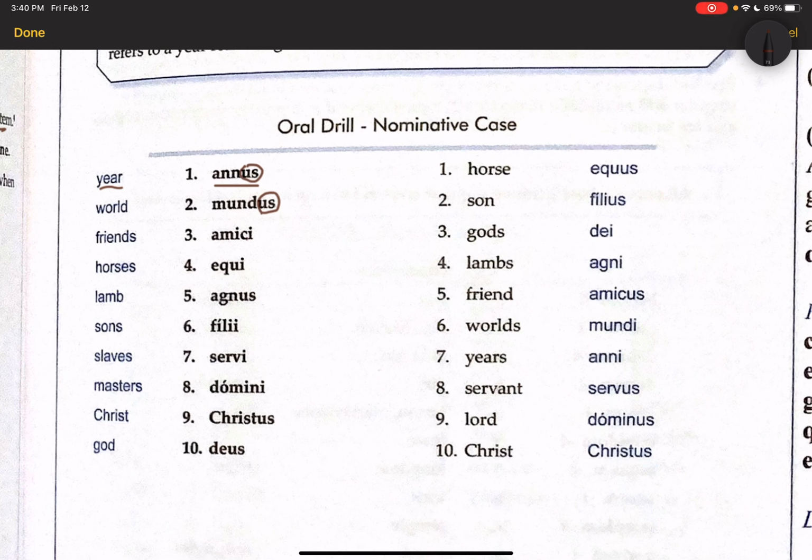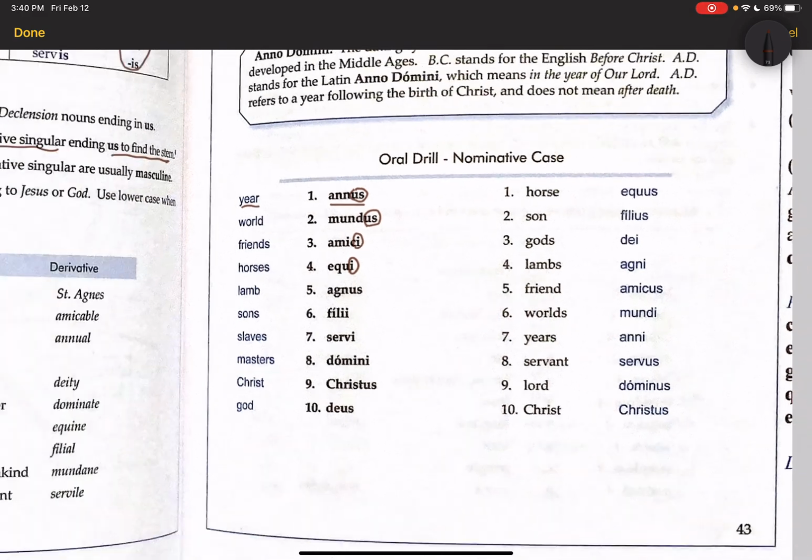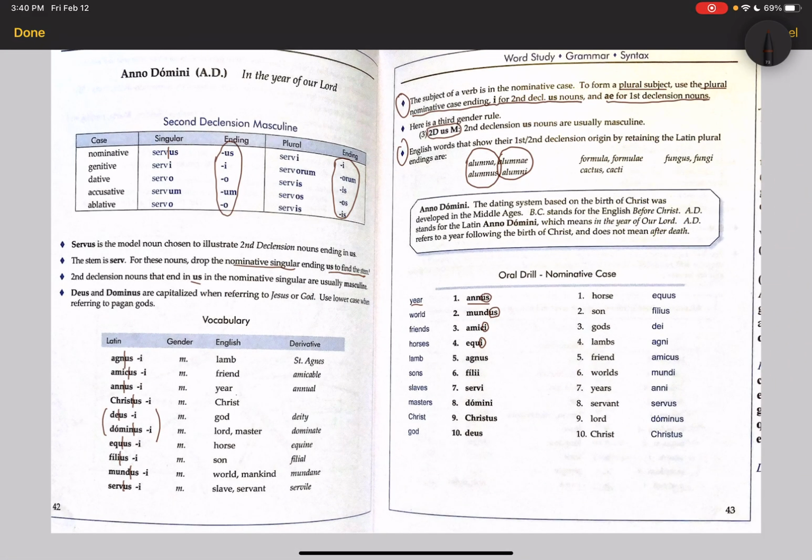This form here is the nominative plural ending, amici. So we would say not friend, but friends. Same with this, equi. Equi is the nominative plural form, so we would say horses rather than just horse, etc. And I'll let you do that one on your own.